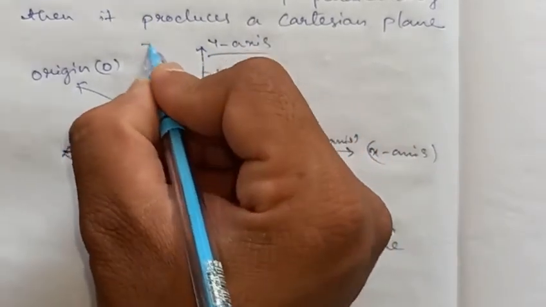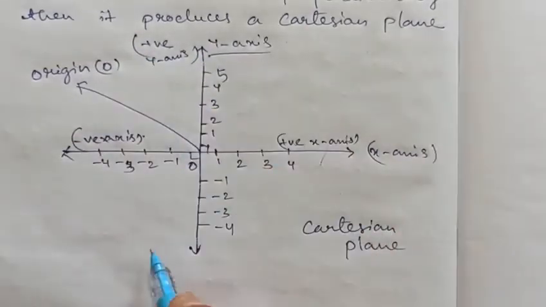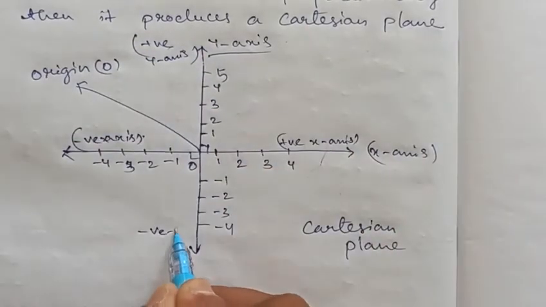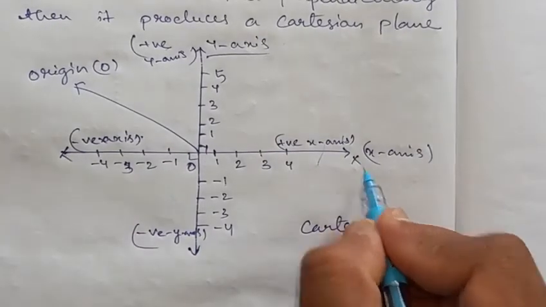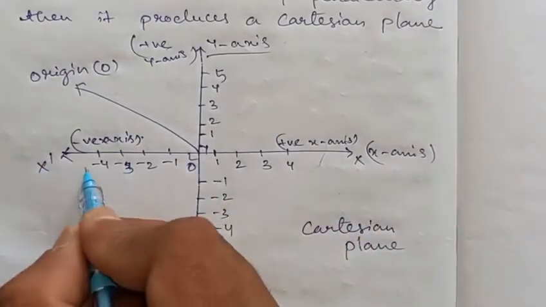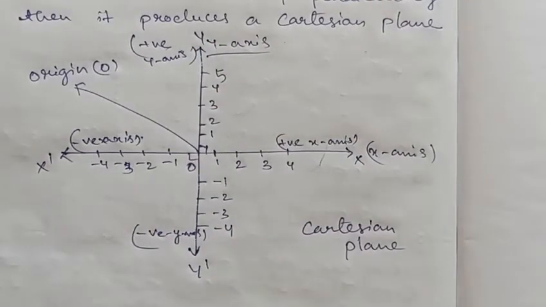This is the positive y-axis. And this side is the negative y-axis. It is named as x, x dash for negative side, y dash for negative side.